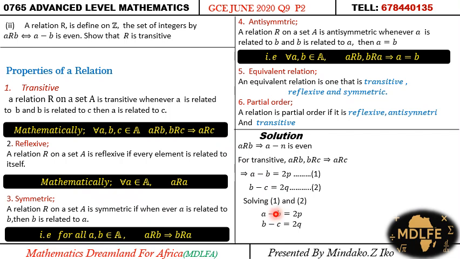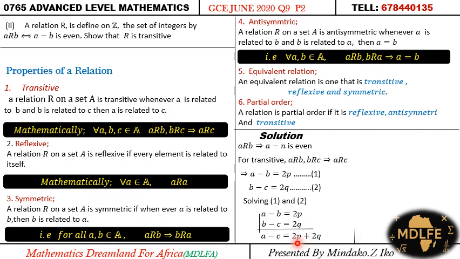So negative b plus b is 0, and therefore a minus c equals 2p plus 2q.